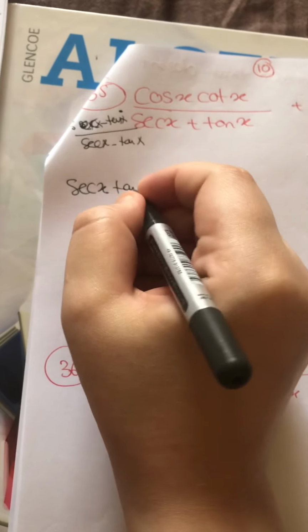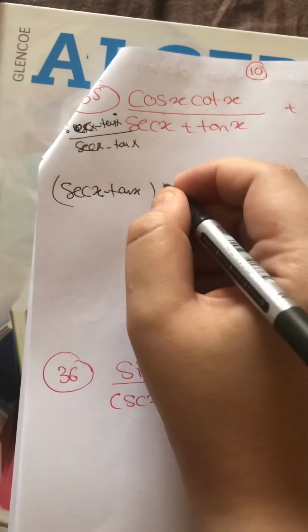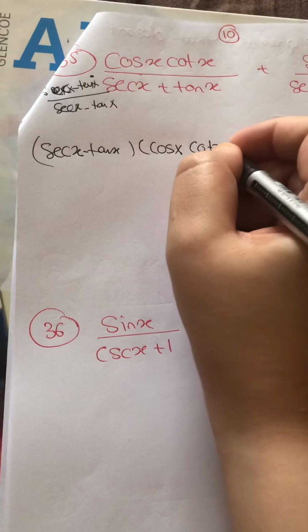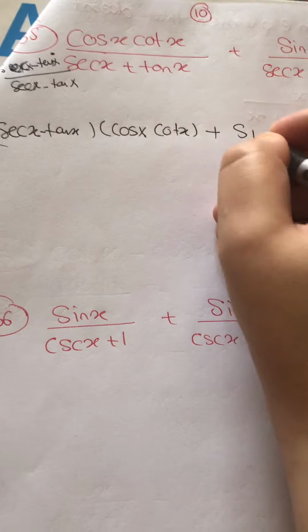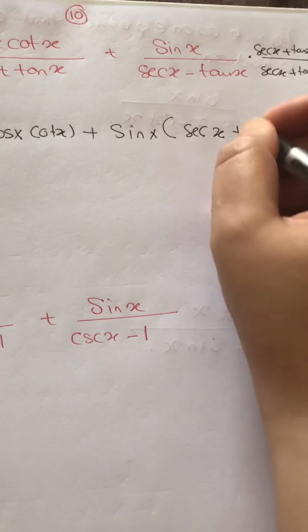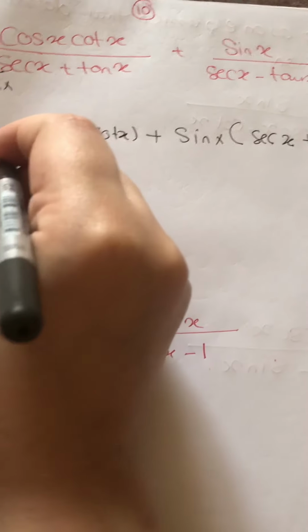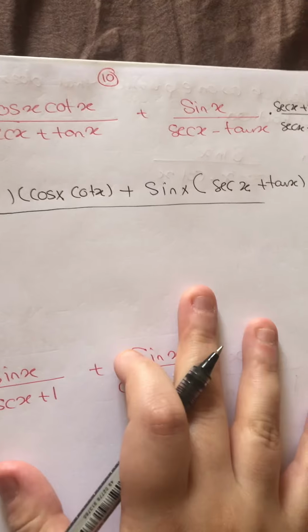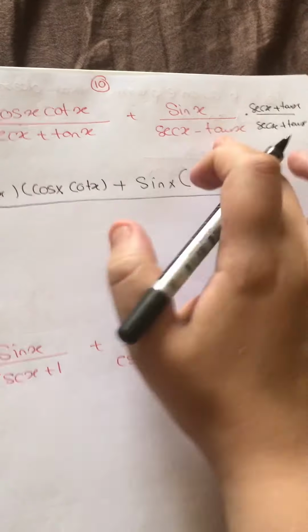So I'm gonna get a very long something like this. Sec x tan x. Sec x minus tan x times cosine x cotan x plus sine x times sec x plus tan x. And what is the denominator in one step? The denominator is this by this minus this by that.